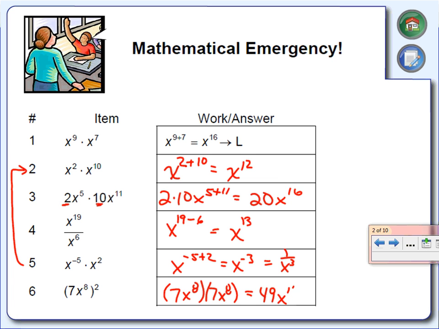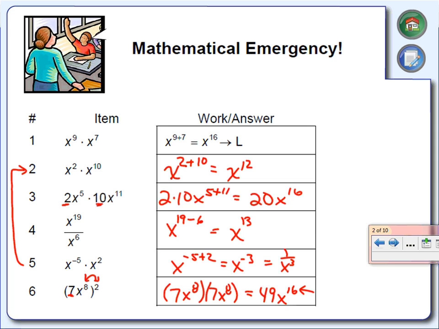X to the 16th power. Remember, we're adding up the exponents. Well, another way of doing this is just squaring the 7 and doing what with these two exponents here? What are we doing with the 8 with 2, guys? What's the multiply? That's how we came up with that 16 right there.